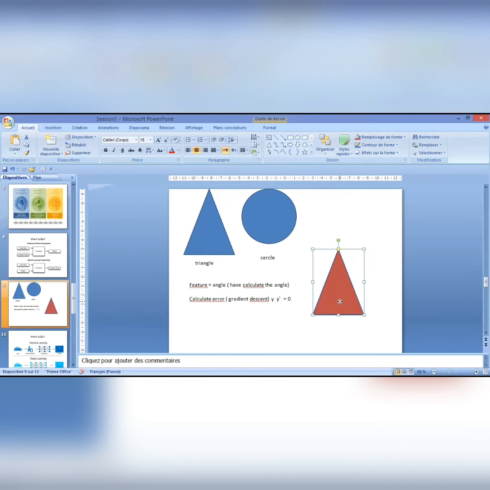Then we will feed it to the machine and see whether it can say that it is a triangle or not. That's how we will test the machine. So testing is about using new data which is not labeled.